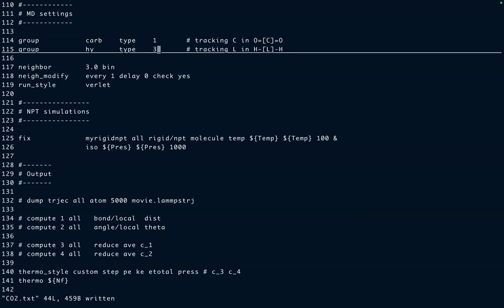Similarly, I create another group called high, corresponding to the hydrogen, where I track only molecules of type 3. It is not completely true that I call this high, but rather call it dummy, because I'm truly tracking the dummy atom in the hydrogen molecule.